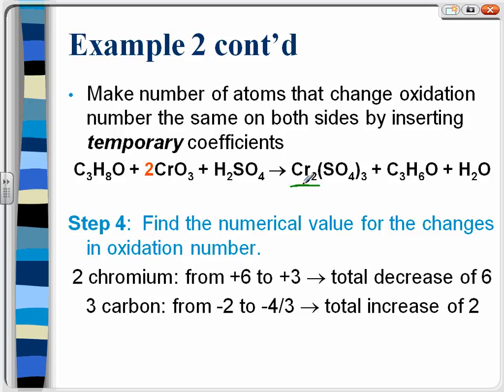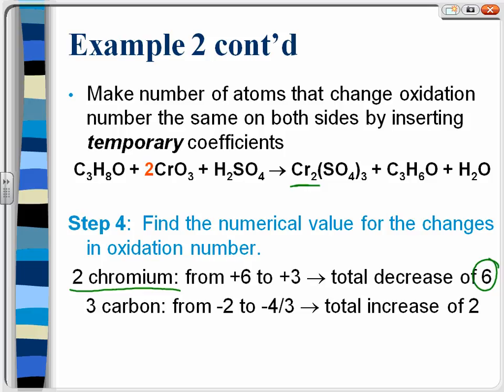I added in this extra coefficient just to start to balance off the chromium. But when I take that into consideration for the number of electrons, I'm decreasing my oxidation number from 6 to 3, but I'm doing it 2 times. So my total decrease is 6. It's basically 3 times 2.